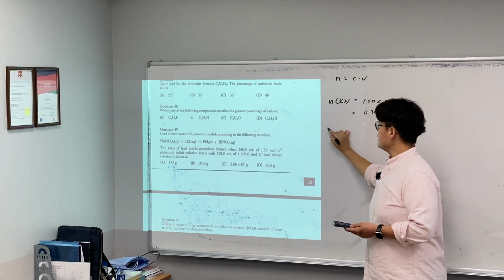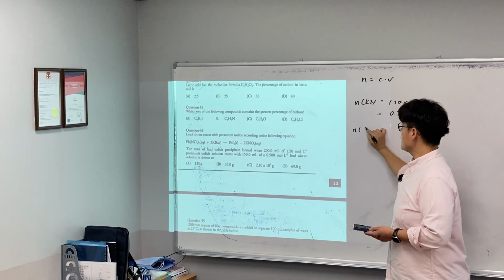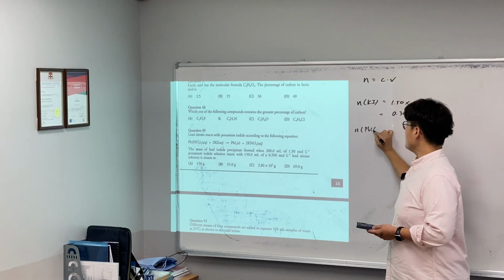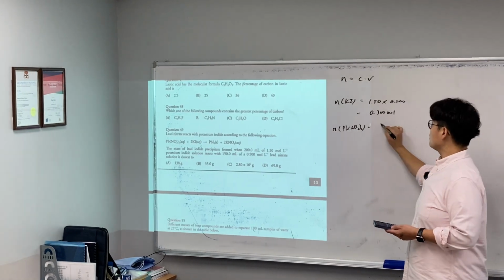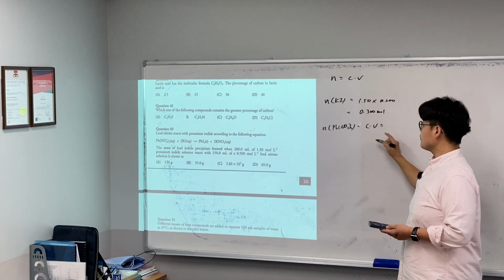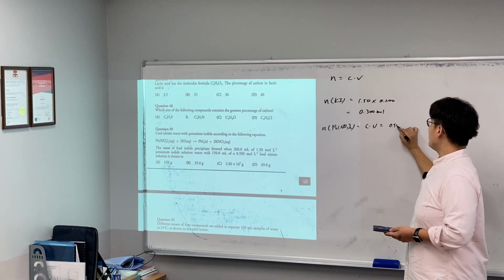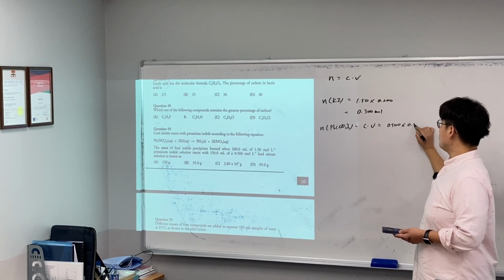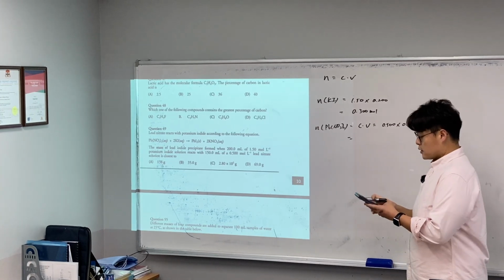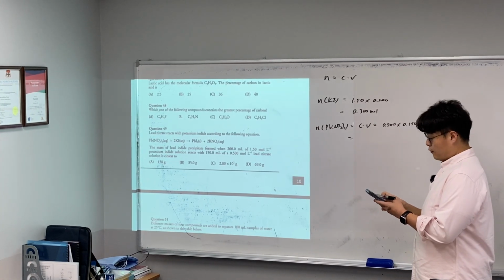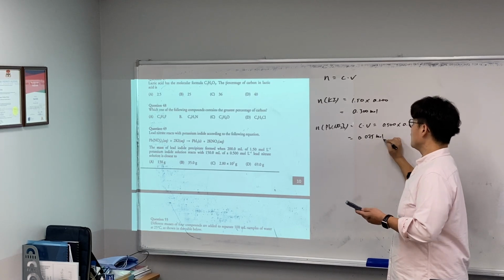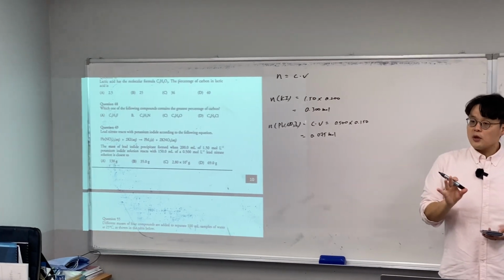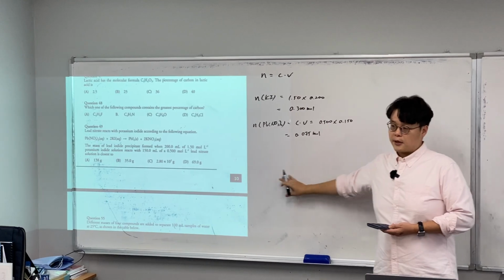And n of the lead nitrate, Pb(NO3)2, we can find the same way with CV. That is 0.500 times 0.150, so you would get 0.075 mole.